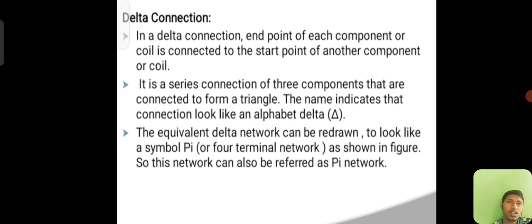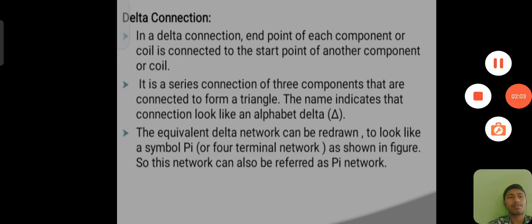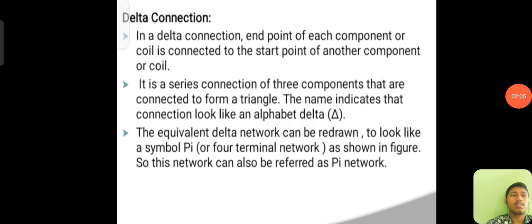Delta connections. In a delta connection, the endpoint of each component or coil is connected to the starting point of another component. It is a series connection of three components connected in a triangle, to form a triangle.